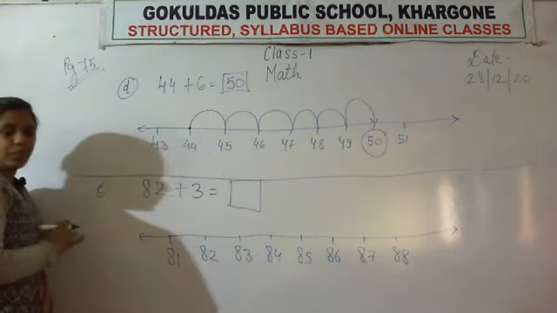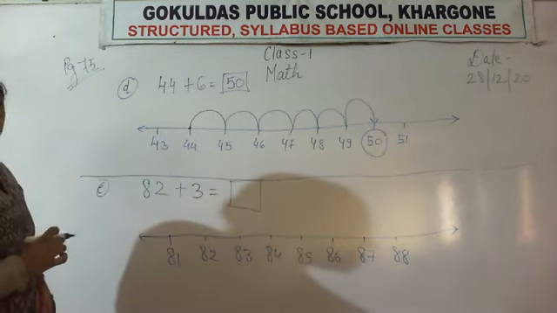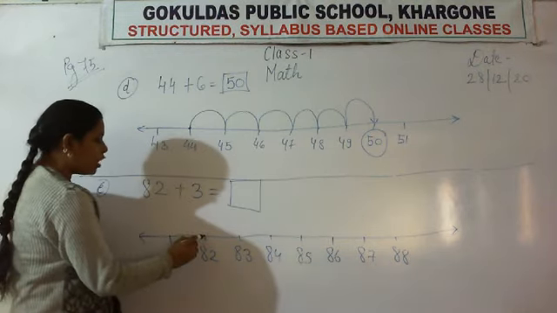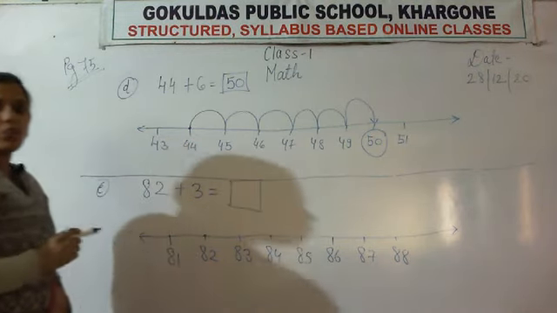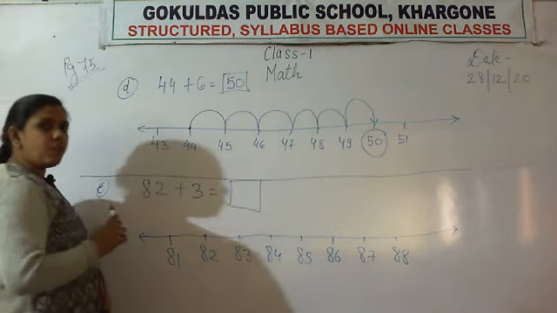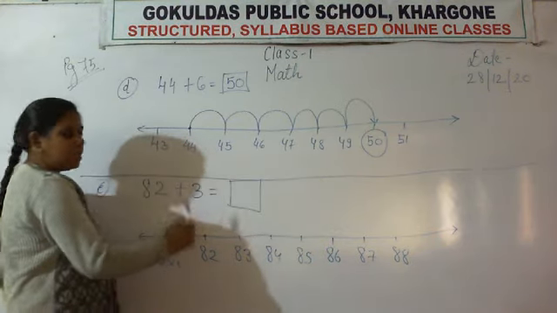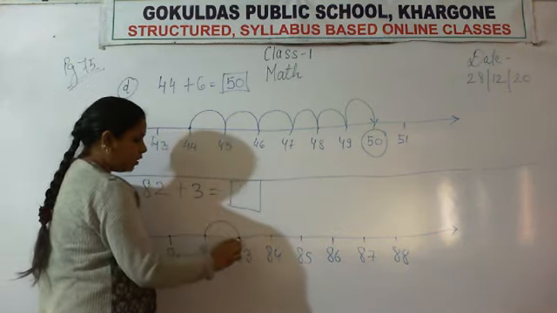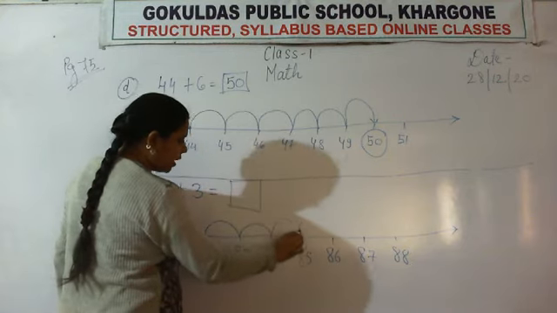Now, what is the question? 82 plus 3. That means we are on which number? 82. So, we are on number 82. How many steps do we have to move? 3 steps. So, move 3 steps. 1, 2 and 3.